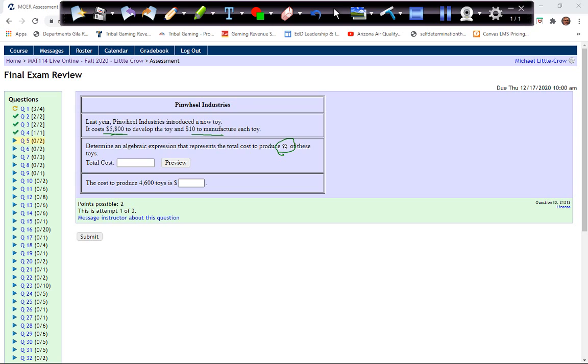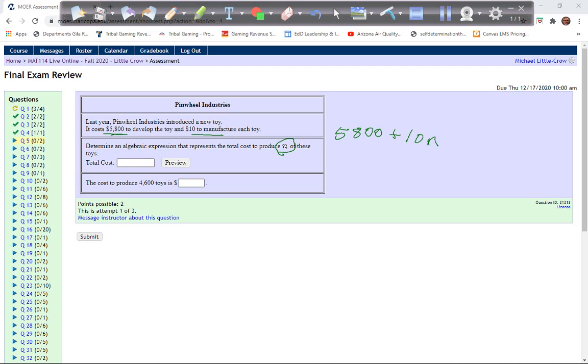So total cost is going to be the development cost plus however many I'm going to make. Each one will cost me $10, and then n will be the number that I make. So this is my formula right here. That's my expression.